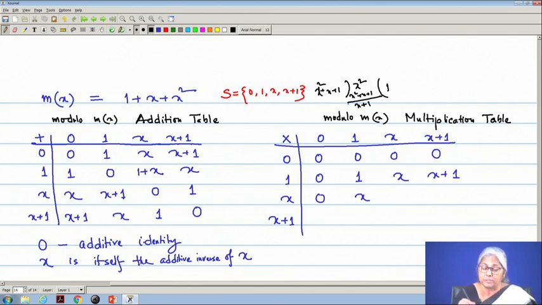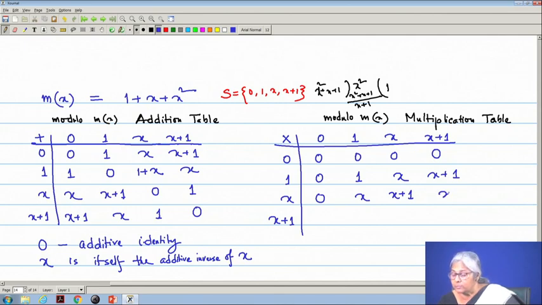So, I will be giving this remainder, instead of x square I will take the remainder, this is x plus 1, that is modulo mx we are doing. Similarly, if it is x square plus 1, and if I divide by x square plus x plus 1, simply the x square plus 1 will go.